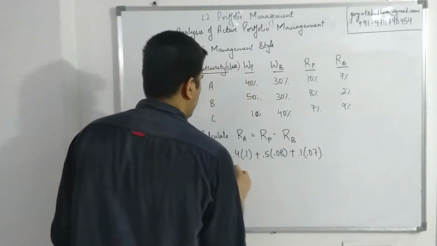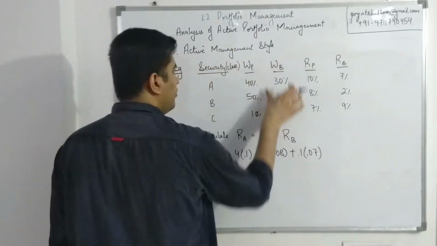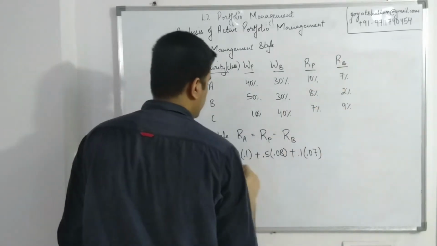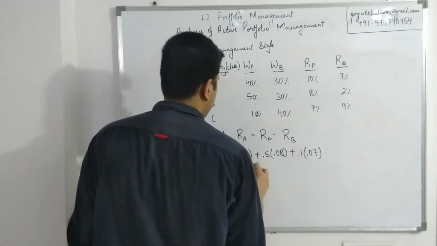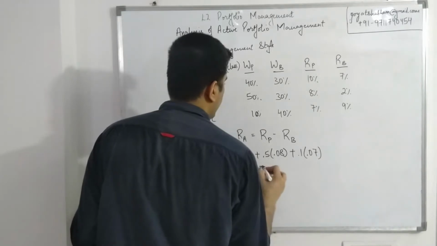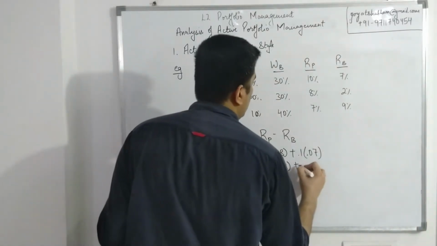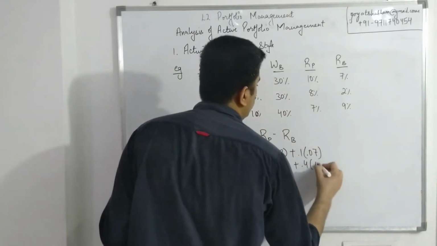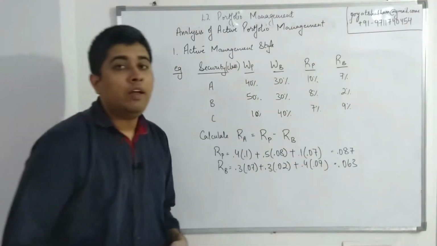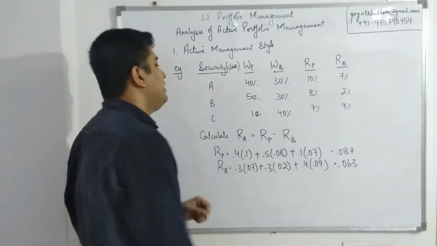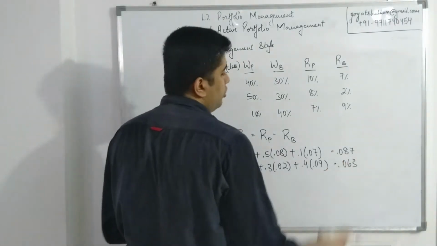Similarly, return on benchmark would be weight of benchmark times return of benchmark. This would be 0.3 × 0.07 + 0.3 × 0.02 + 0.4 × 0.09. Now, if you solve both of these, you will get these values 0.087 and 0.063.